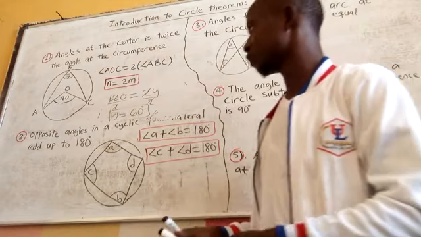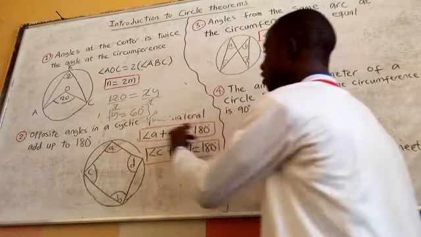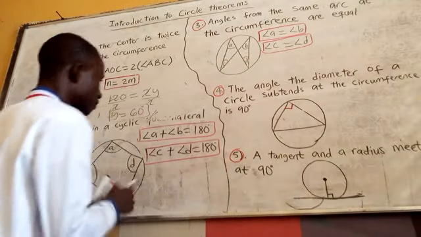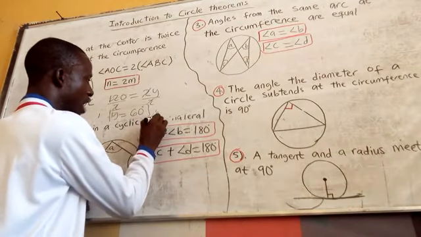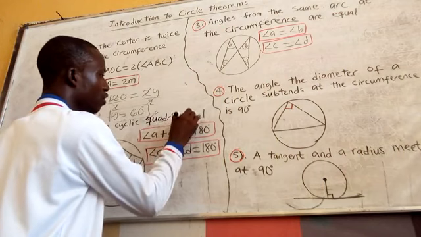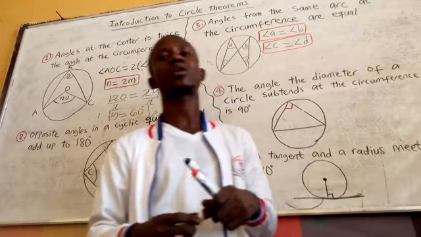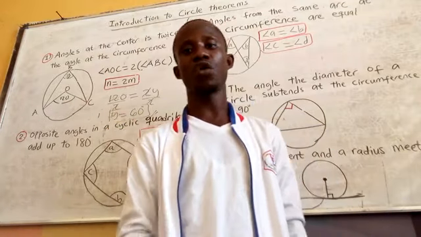Let's move to theorem 2. Theorem 2 tells us that opposite angles in a cyclic quadrilateral add up to 180 degrees. A cyclic quadrilateral is a quadrilateral that is inscribed within a circle.